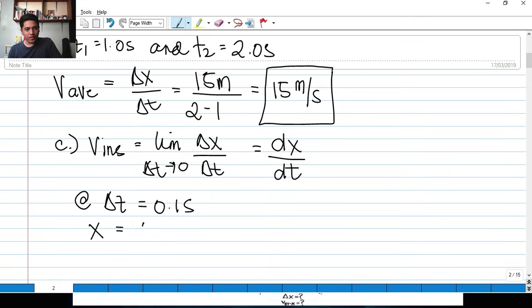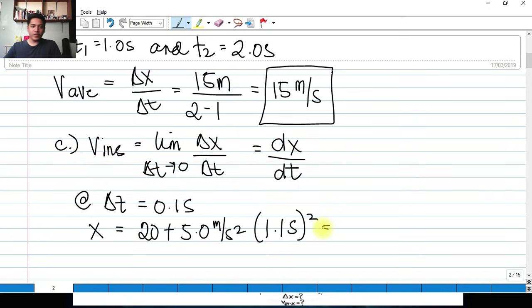So that means 20 plus 5.0 meters per second squared times t squared. So what is our t squared? At time equal to 1 second, but we have a delta t of 0.1 second, so 1 plus 0.1, 1.1 seconds squared.